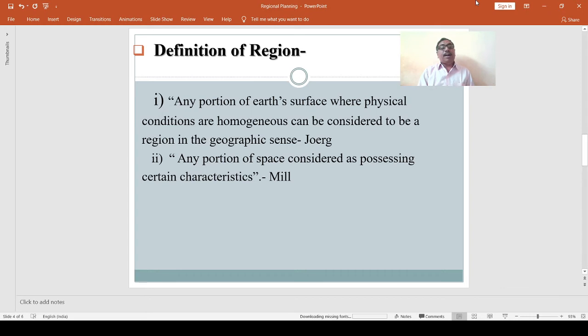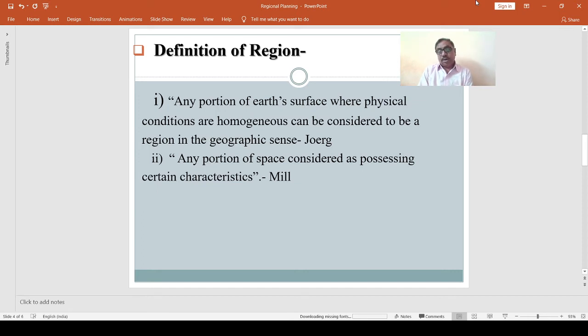Then the definition of regions. The first definition about the region is any portion of the earth's surface where physical conditions are homogeneous can be considered to be a region in the geographic sense. About this definition, we have discussed, that is the natural homogeneity. Then another definition for the region is any portion of a space considered as possessing a certain characteristics.